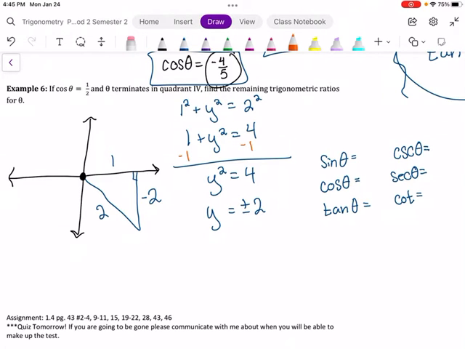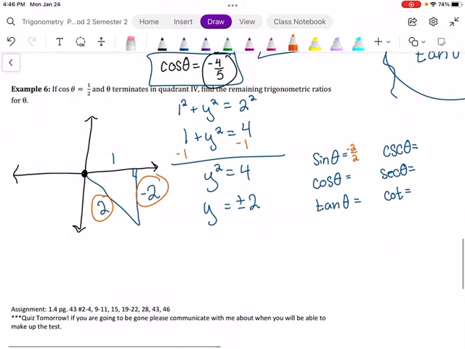Okay. So for this one, remember sine is opposite over hypotenuse, which would be negative 2 over 2. And wait a minute. 4 squared, 2 squared would be 4. Okay, sorry. So this would just equal -1.